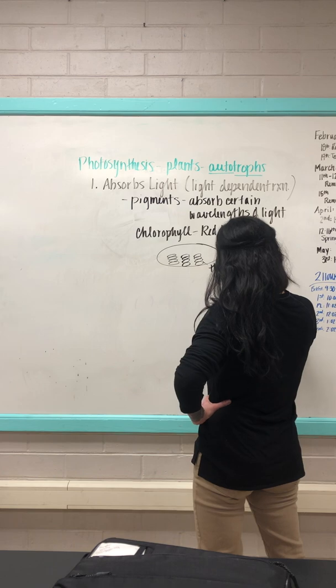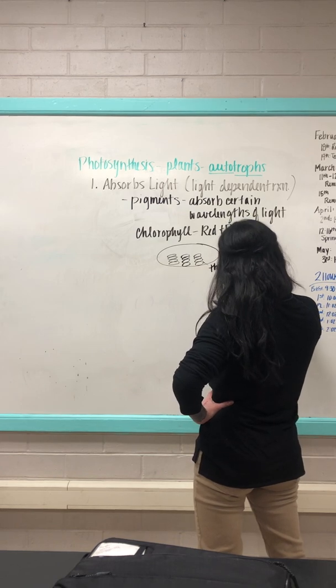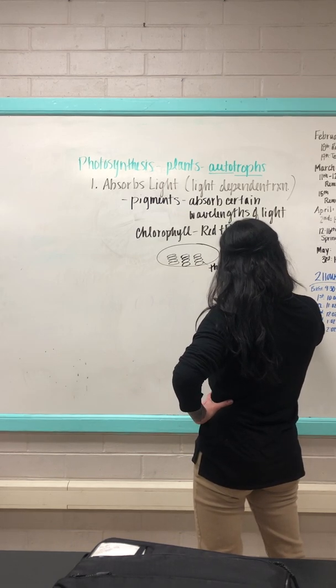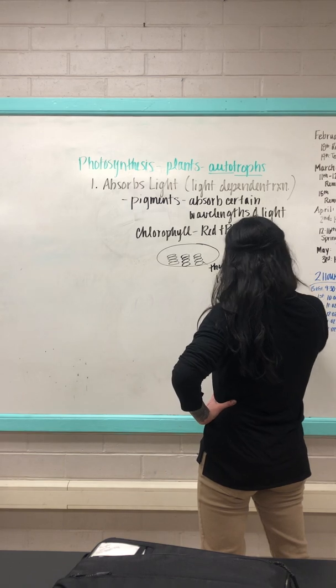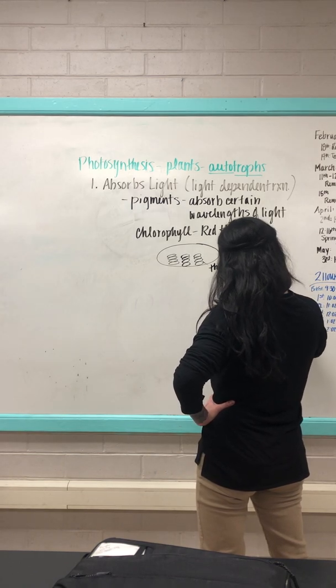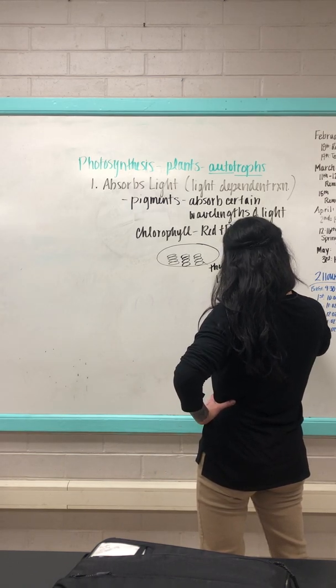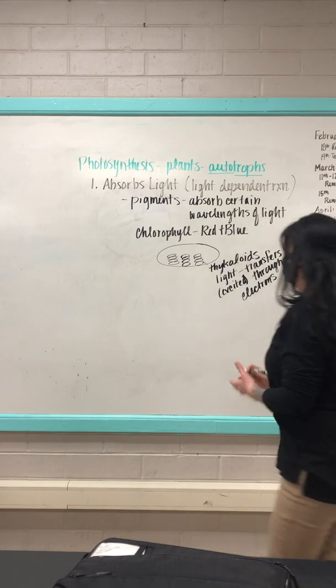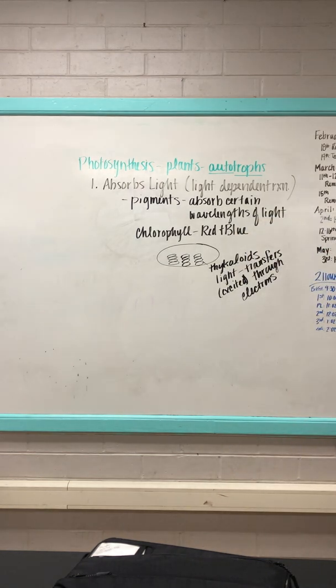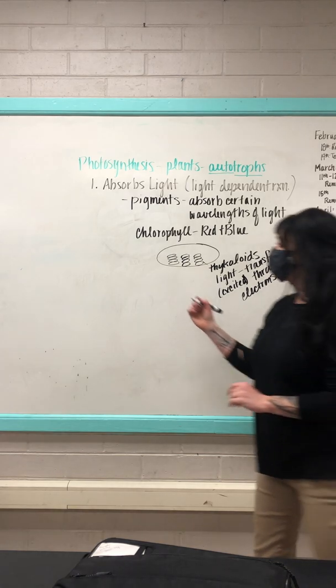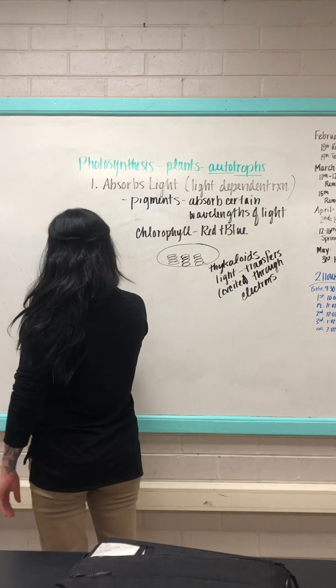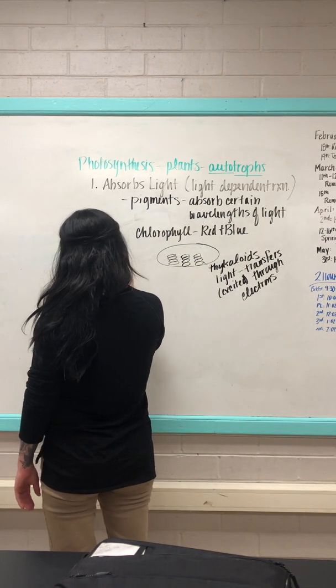So it's got a lot of energy. It's going to transfer through electrons. Okay, so that's the first step. Then the second step, we're going to convert the light energy.